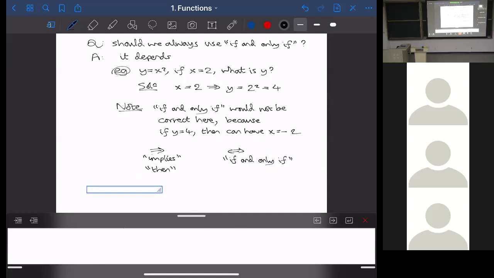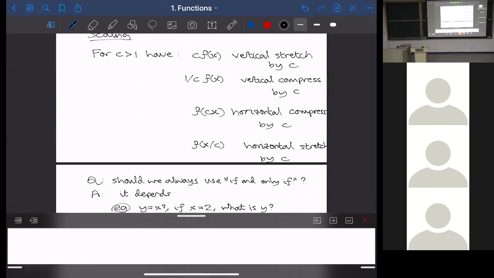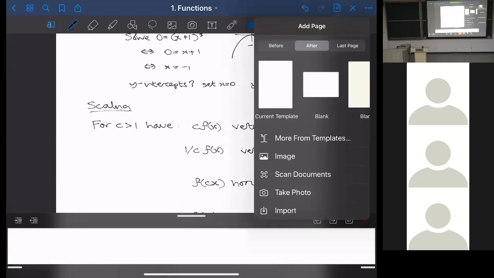Okay, so next let's do some examples of scaling graphs. Start a new page.